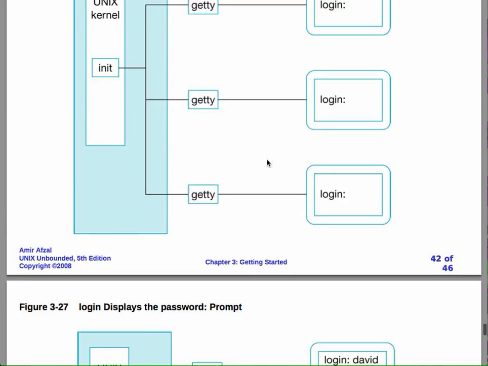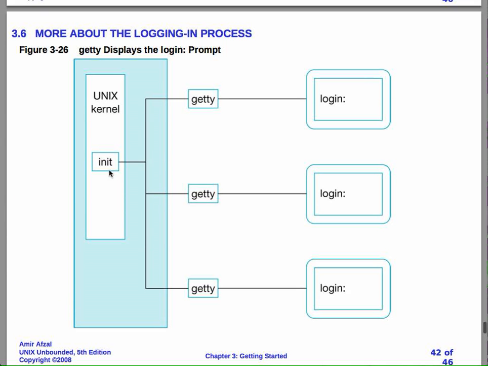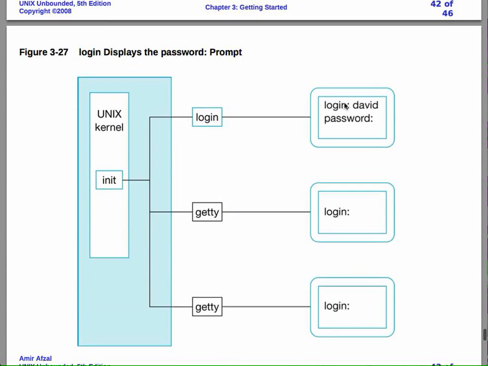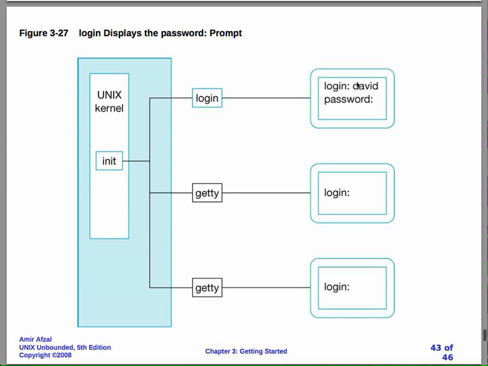Okay, so on one system, init can have multiple terminals, each of which can be logged in by a different user. So for example, David might supply his username and password and log in there. Someone else can log in here, and init sort of manages all of this.